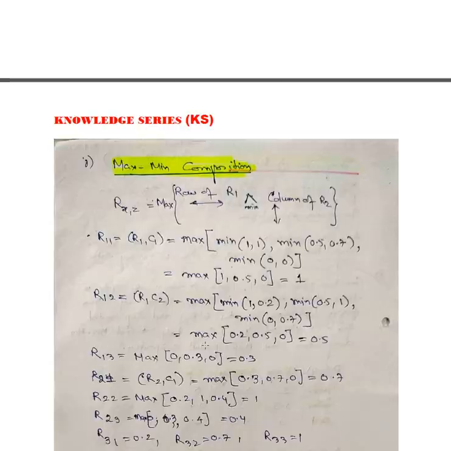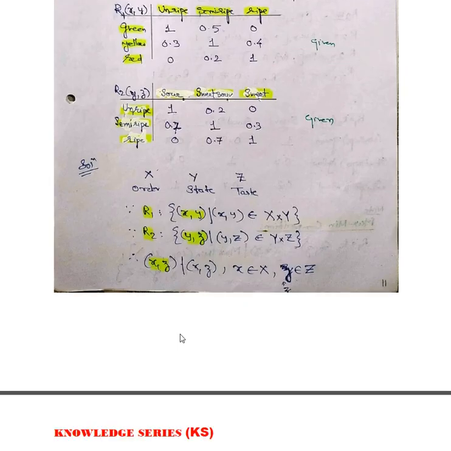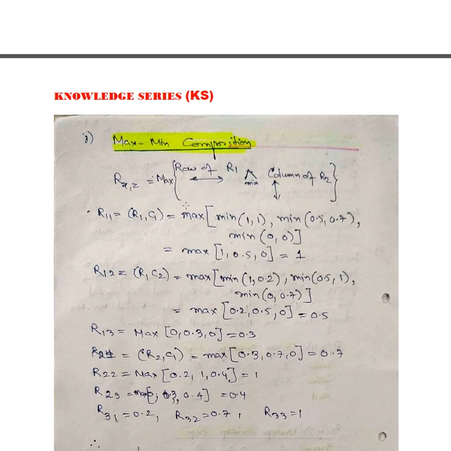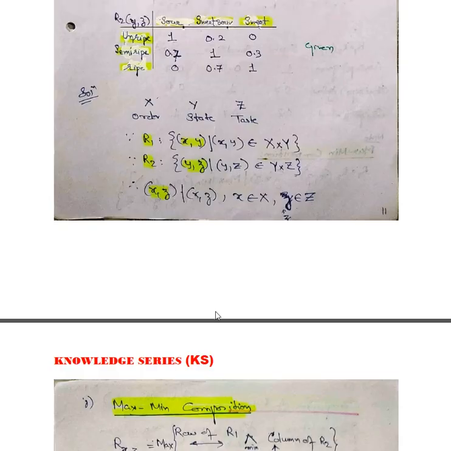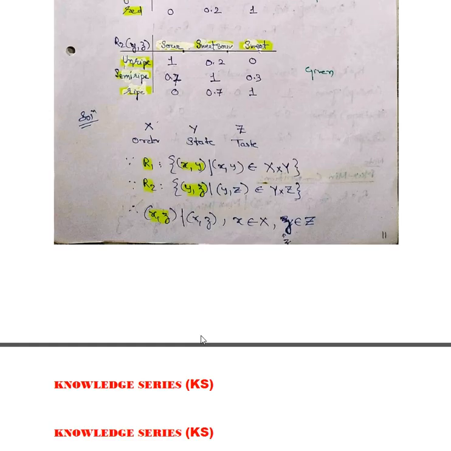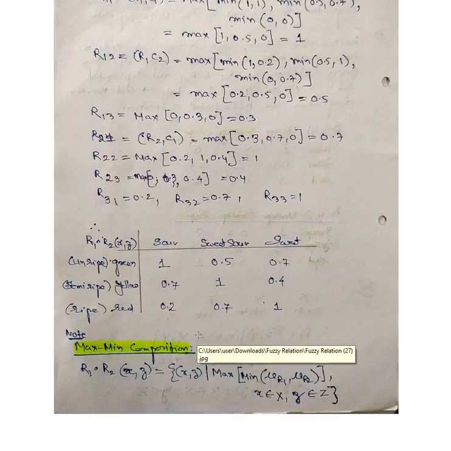This is very straightforward. Everything is self-explanatory. It is being given, and you will see that it's a maximum-minimum composition. First you do the internal minimum value element to element, and then on the top you do the maximum. That will give the end results.